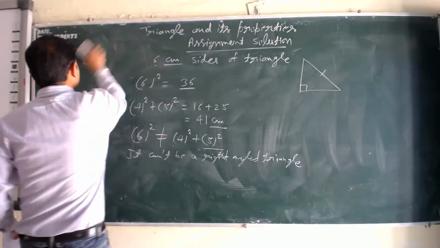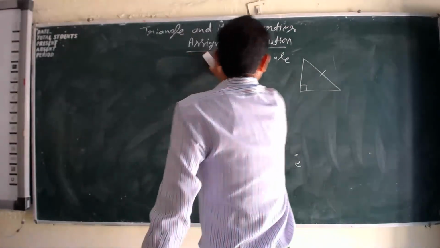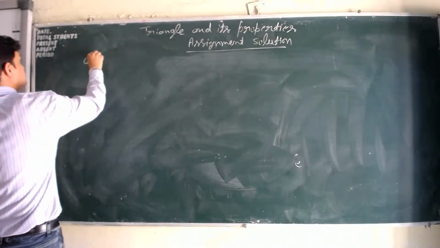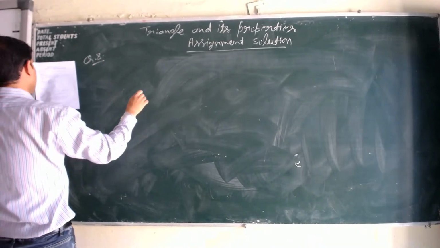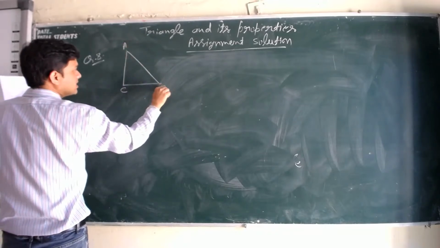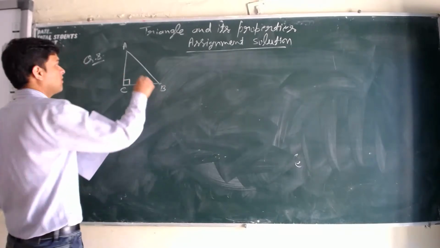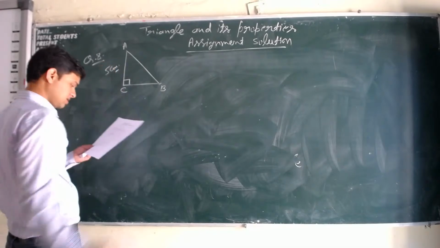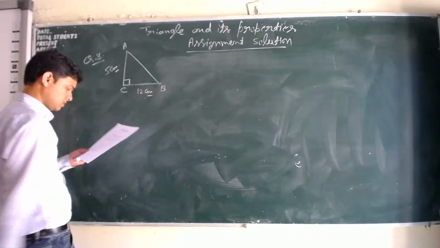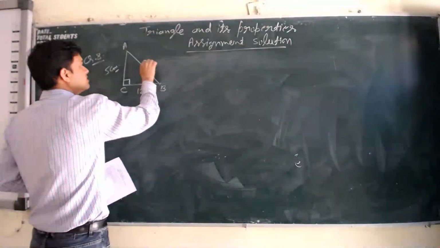We have a right angle triangle ABC with right angle at C, AC is equal to 5 centimeter and BC is equal to 12 centimeter. Now we have to calculate AB. Let us consider it as X.